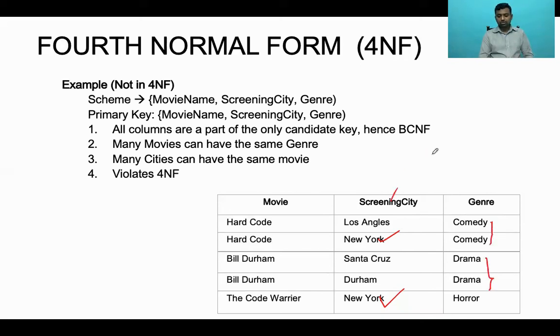So these two columns violate the rule, and it is not in BCNF. It is violating fourth normal form. So it is not in fourth normal form.